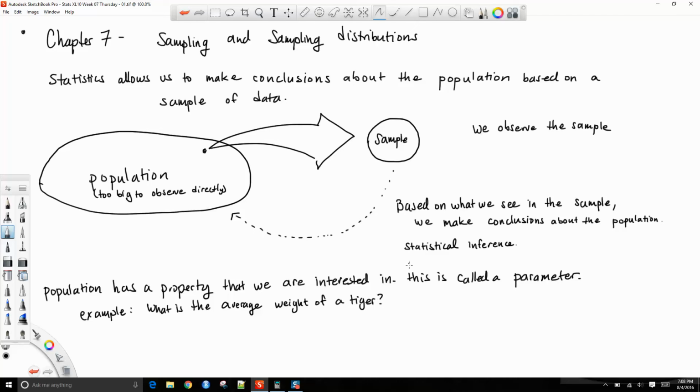So the average weight of all tigers in the population would be the parameter.